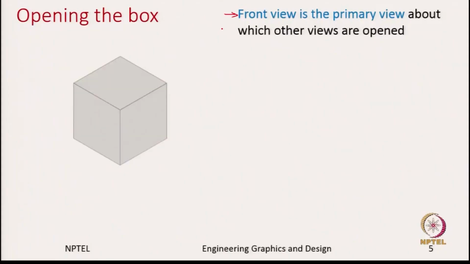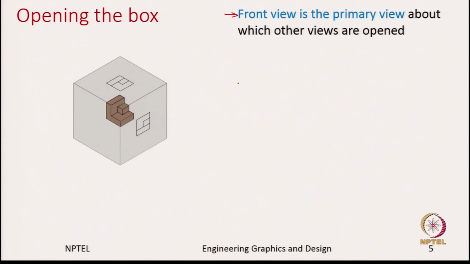Again we have this box, and in that box we have this object. We have captured the front view, and after that we are capturing the top view. Now comes the question, how do we unfold the box?